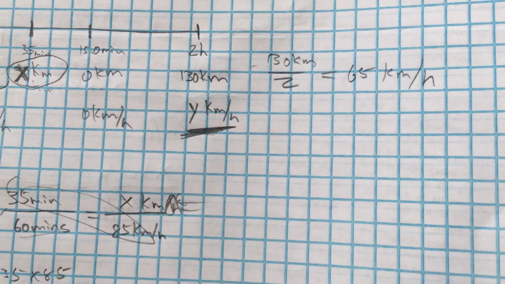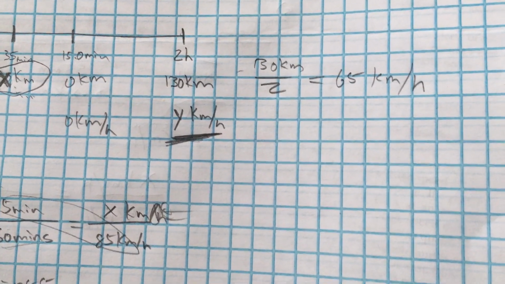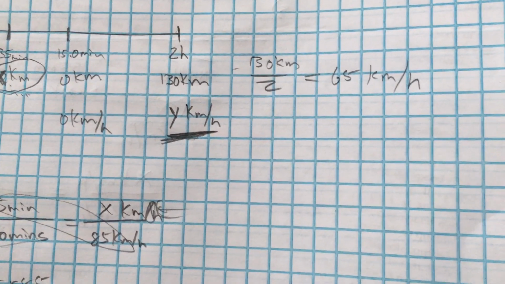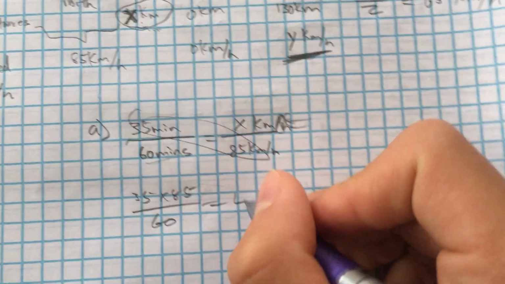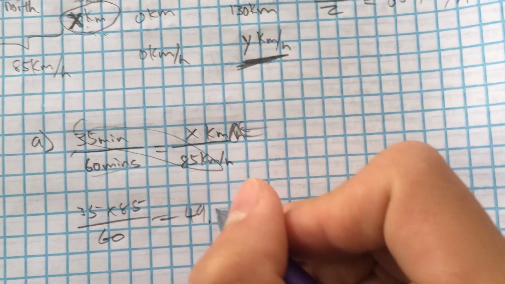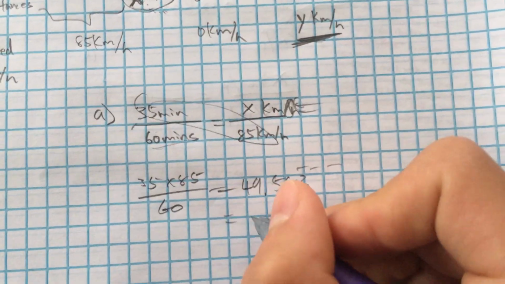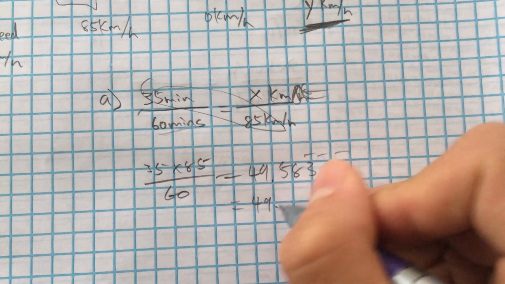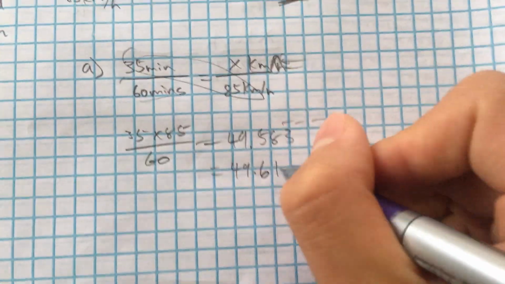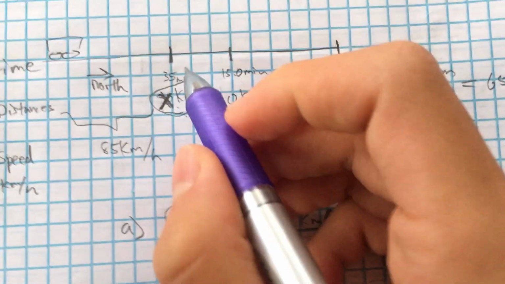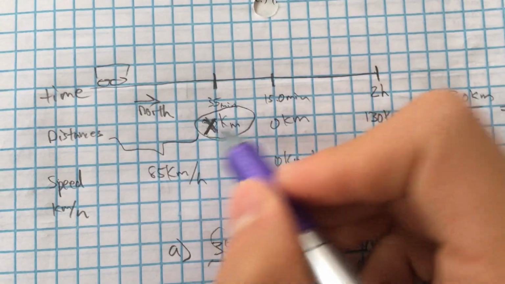So 35 times 85 divided by 60 equals 49.5833, but we use 3 sig figs, so 49.6 kilometers. That's the distance he traveled in 35 minutes.